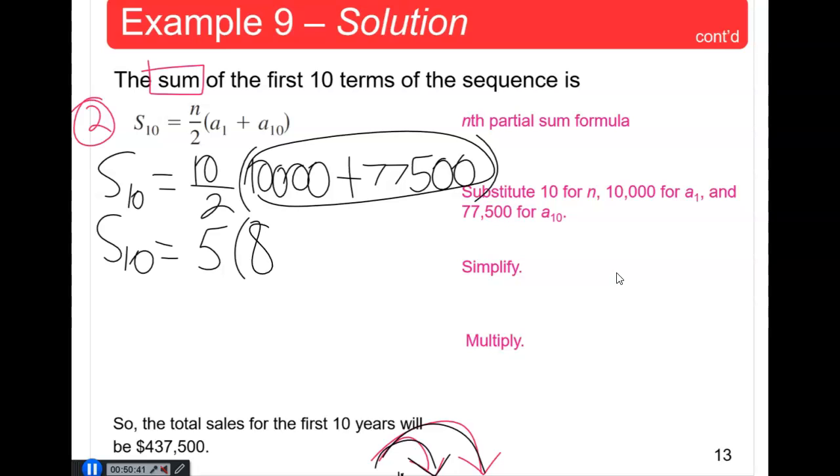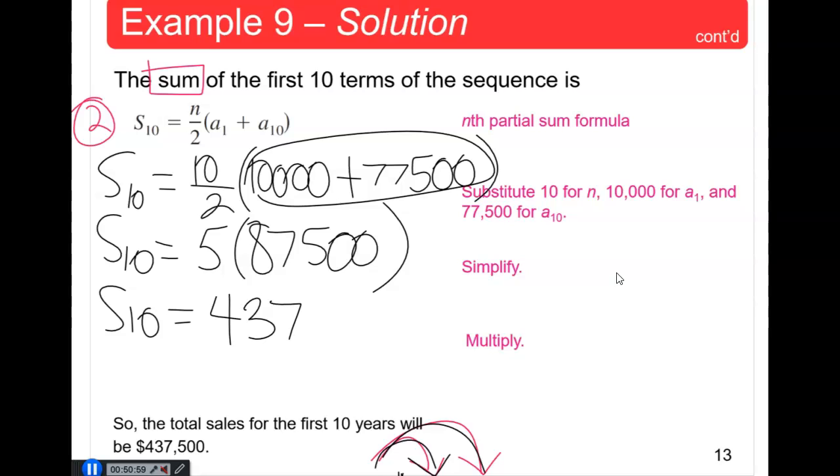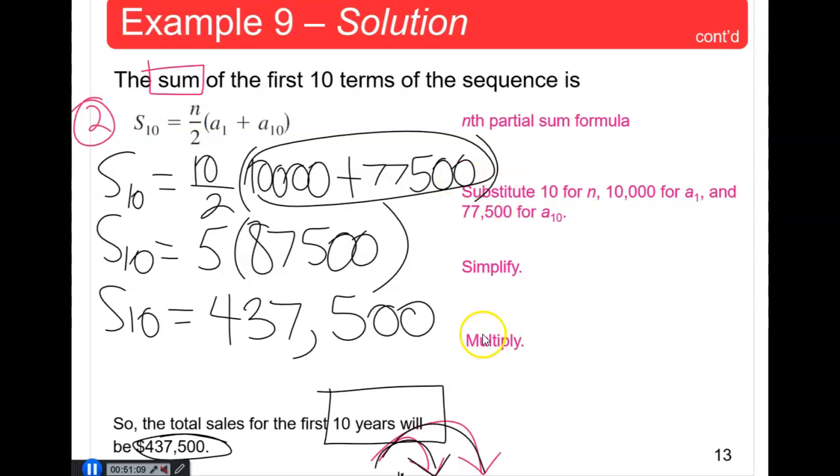That's going to give us 87,500. And then we're going to have to multiply 5 times the 87,500. And we get 437,500. And you can also see the answer here at the bottom. So that is what the sales will be after 10 years.